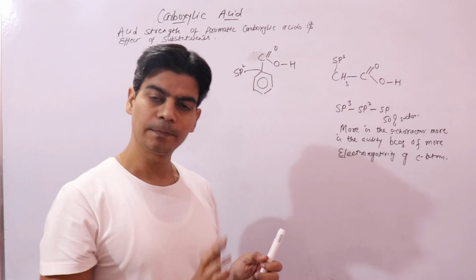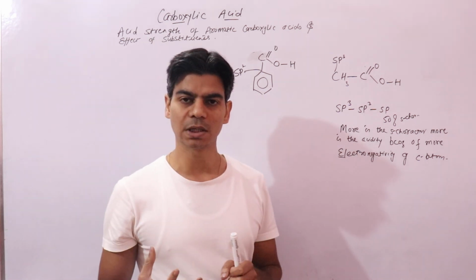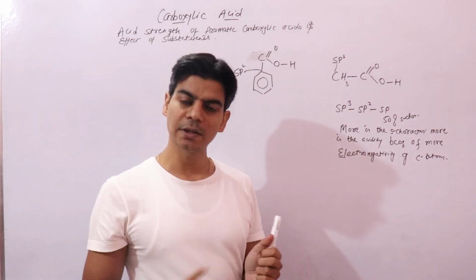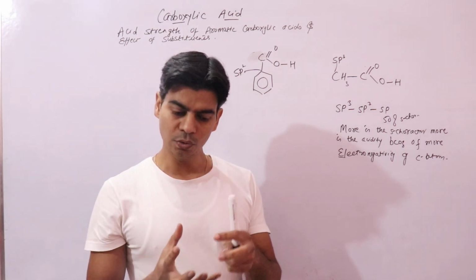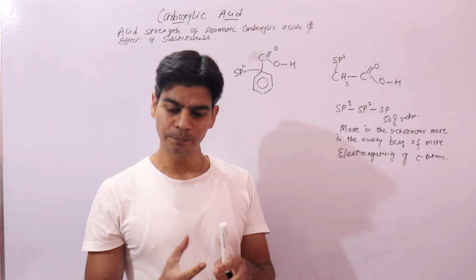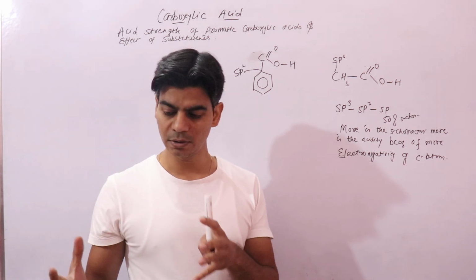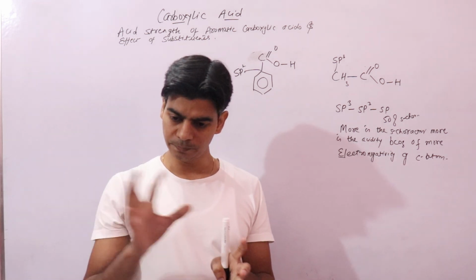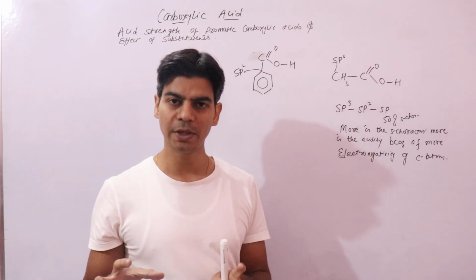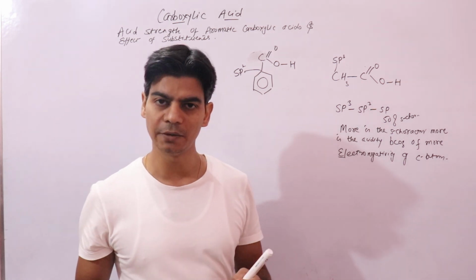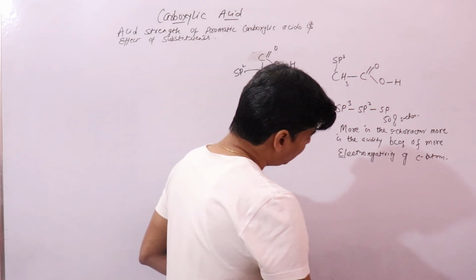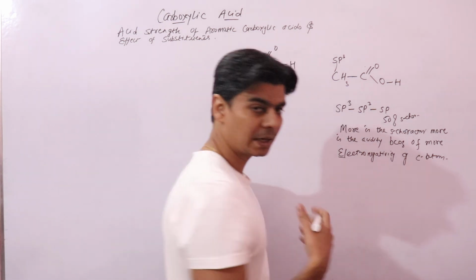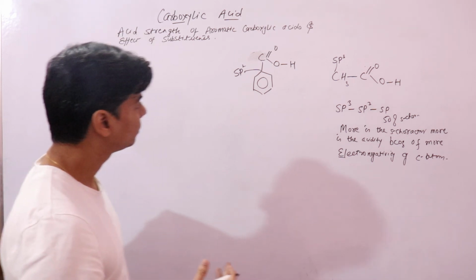So electrons, and we know that nucleus is positively charged, so electrons that are in S orbitals are more tightly attracted, right? So electrons in S orbital, since they are more tightly attracted to the nucleus of the atom, have more electronegativity, right? So more S character means more acidity, right?